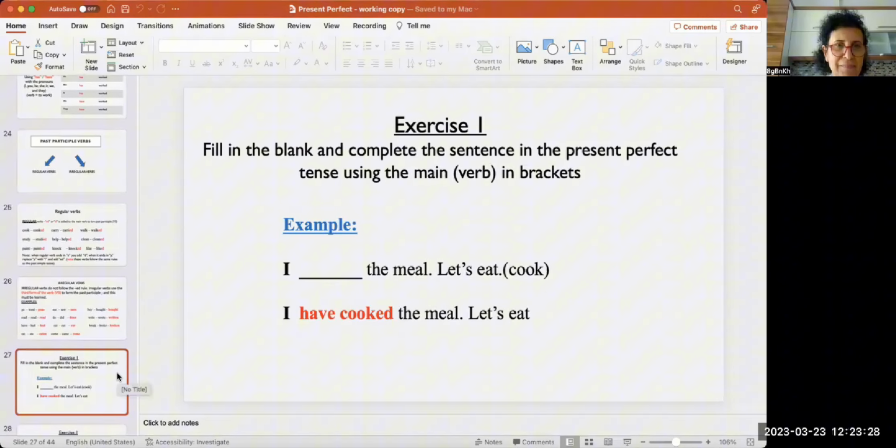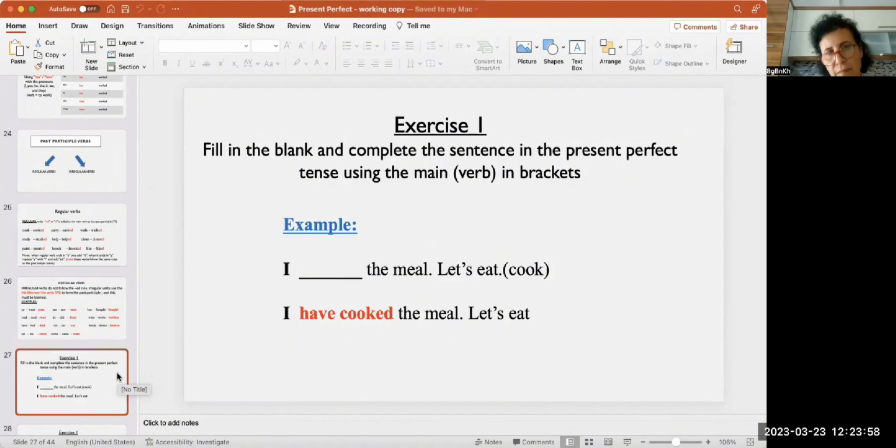Now, I have a little exercise here, and here's an example for you, okay? It says fill in the blank and complete the sentence in the present perfect tense using the main verb in brackets. So the main verb is in brackets, see cook, okay? So I'm saying to you, put it in the present perfect tense.